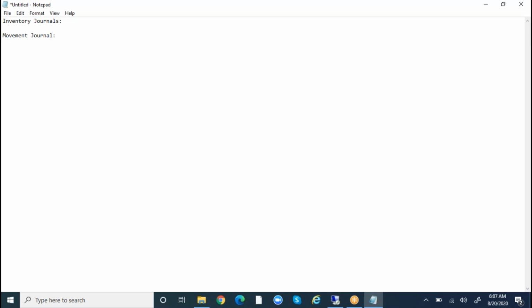Next, adjustment journal. Next, transfer journal. One more is the BOM journal, which we will discuss later. First, let us understand these three: movement journal, adjustment journal, and transfer journal.